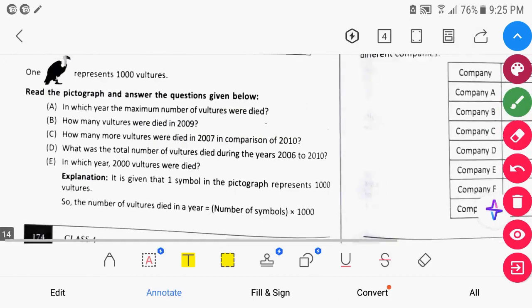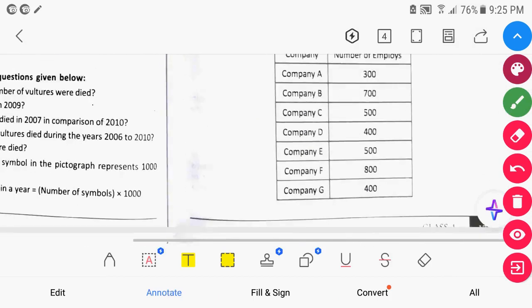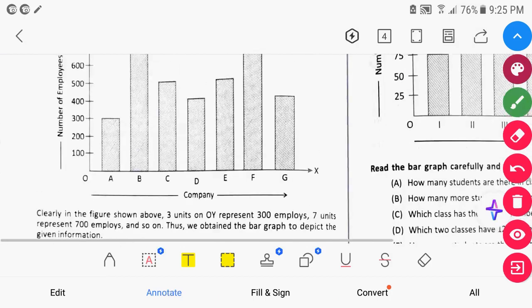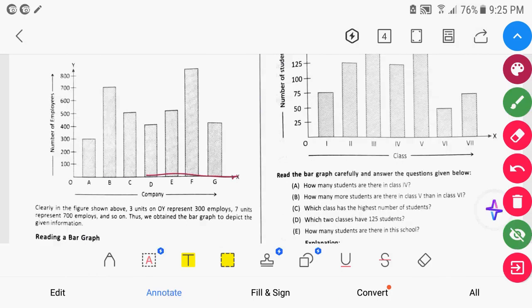Okay, now we will move ahead. I will directly solve the problems here. Now see, this is the picture of a bar graph. In the bar graph, two axes are there.